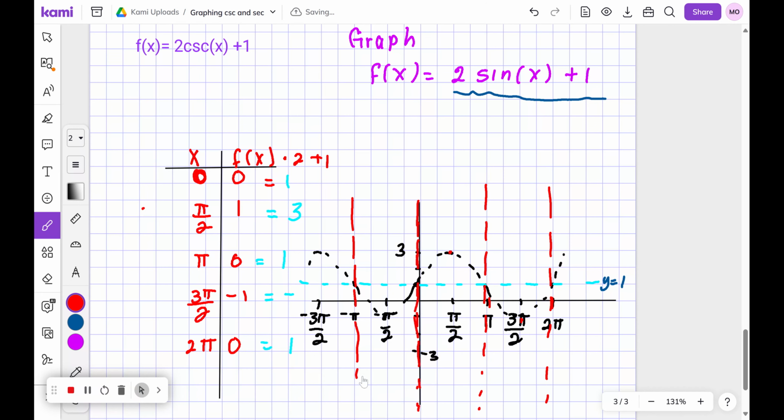So I already did a transformation. I already shifted by 1 and multiplied by 2. So this is my maximum over here. I'll just have to add that 0.4. Look. Over here I have my minimum. I just have to add that 0.4.